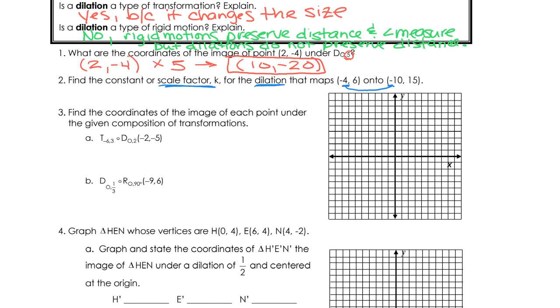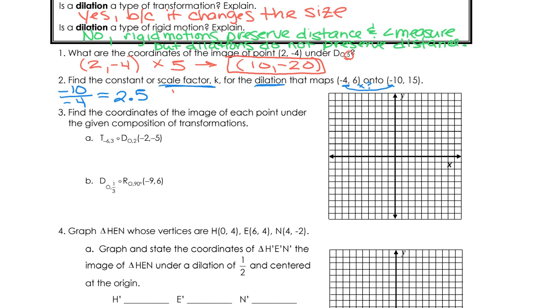And so a real quick trick is that if you don't know what to multiply by, the opposite of multiplication is to divide. If I take my new x coordinate of -10 and I divide it by the old x coordinate, that's going to tell me the number I multiply by, and that's 2.5 when you divide that. Cool thing is, if you're second guessing yourself, it's got to work for the y's as well.